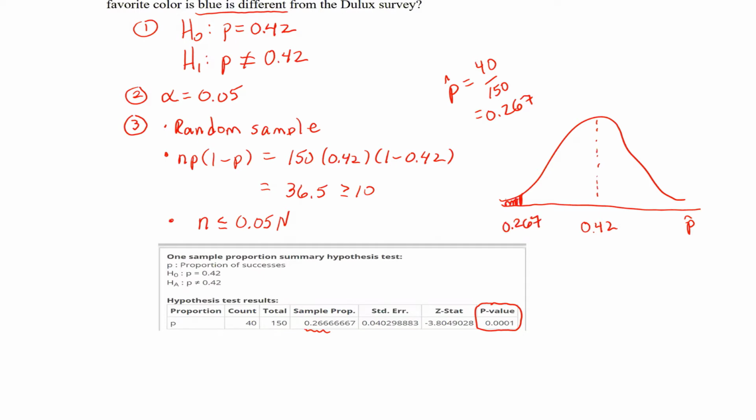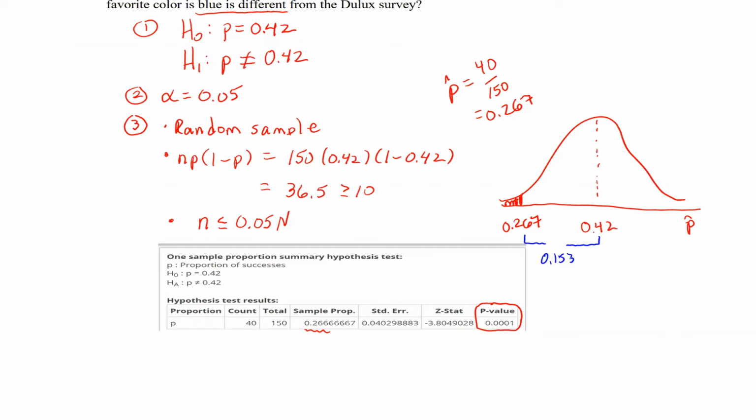Now, 0.267 is 0.153 away from 0.42. In other words, from here to here is a total of 0.153 units. In a two-tailed hypothesis test, you're going to reject if your sample statistic is too small or too large.